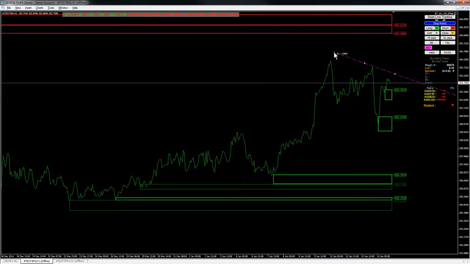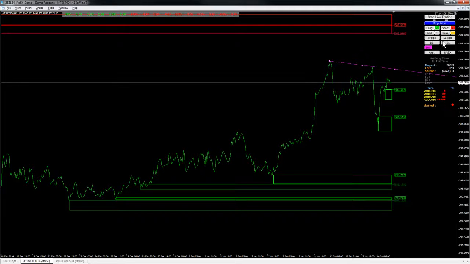Put it like that, or this would be a safe. There, now if this closes above that line, it will go long.